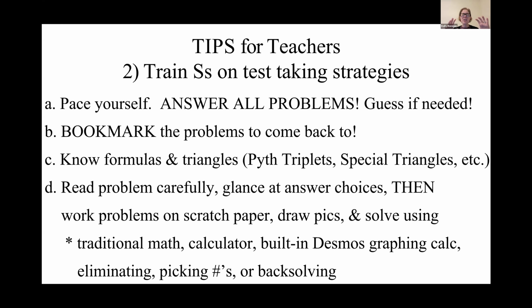There are strategic ways we can have students pick numbers, and we can also teach students to back solve. I'm going to show you what we as teachers can do to train students on strategies to get the best possible result on the ACT.